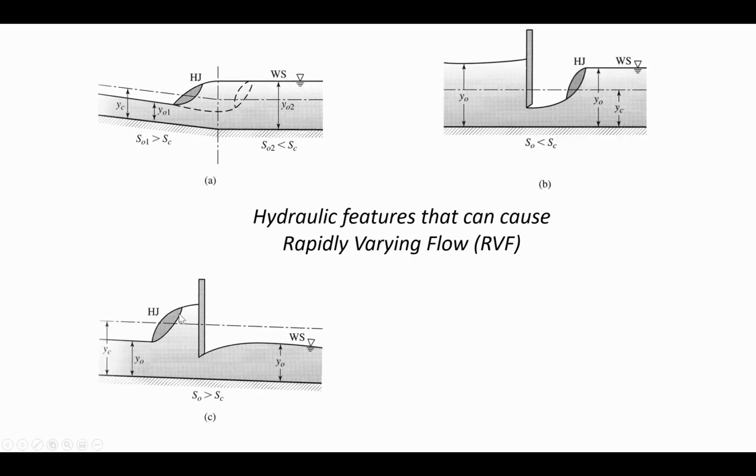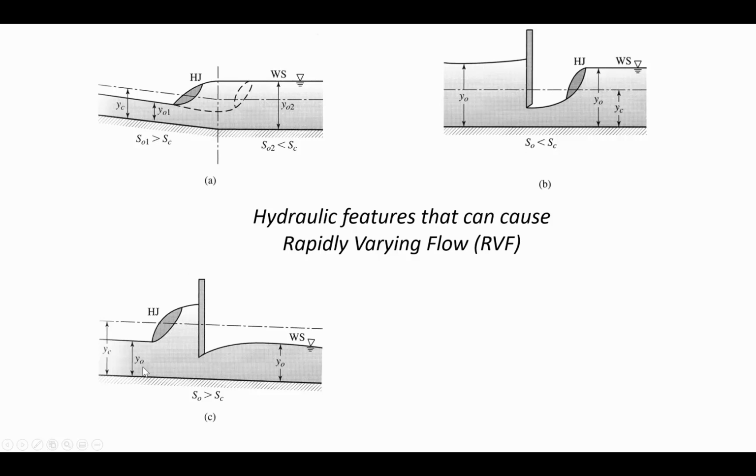So consider this case C, where the slope is steeper than the critical slope. S sub C means the slope required to cause critical flow. Here it's steeper than that, and that means that normally you'd have supercritical flow, but the gate is impinging on the normal flow depth, and so it jumps up to subcritical flow because the depth is higher, to cause enough pressure to force the water under the gate.